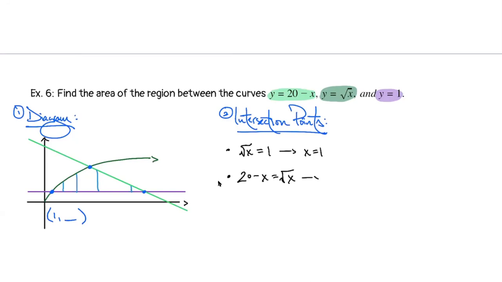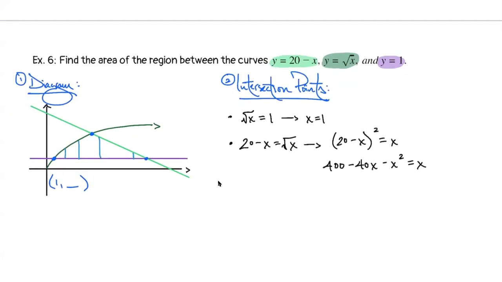What I would do here, if I were to solve this algebraically, is square both sides, meaning (20 minus x) squared equals x. I would FOIL out, and then move the lone x to the same side as the other stuff. So 400 minus 40x plus x squared equals x, or let's see, x squared plus 41x, is that right?